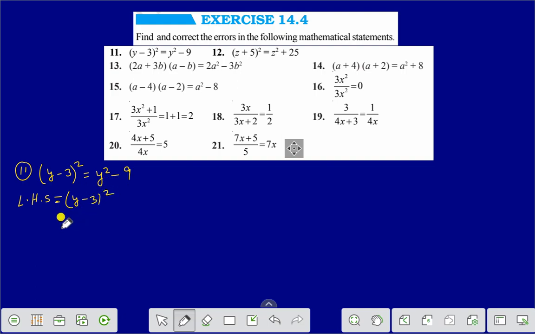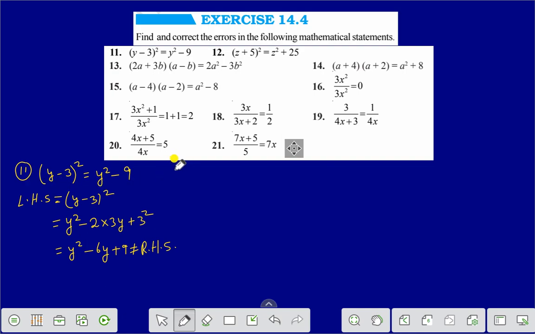If we use the identity (a minus b) whole square is a square minus 2ab plus b square, then we are getting y square minus 2 into 3 into y plus 3 square. Then we are getting y square minus 6y plus 9, which is not equal to the right hand side, because the right hand side is given as y square minus 9. That is the error.